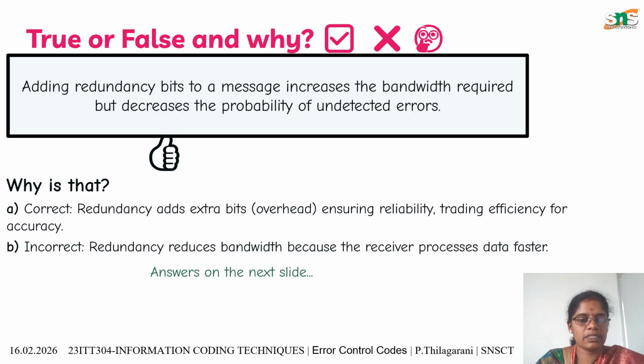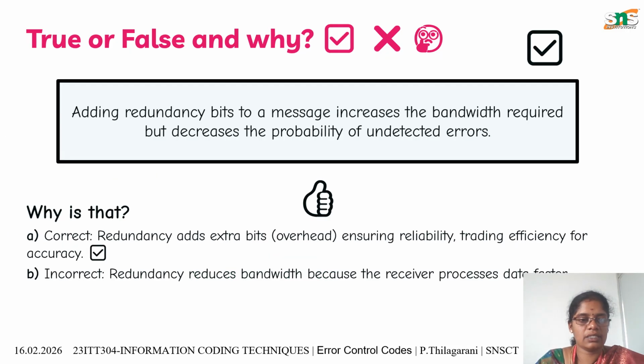If incorrect, it would mean redundancy reduces bandwidth because the receiver processes the data faster. The answer is: adding redundancy bits to the message increases the bandwidth required but decreases the probability of undetected errors, because redundancy adds extra bits ensuring reliability, trading efficiency for accuracy.